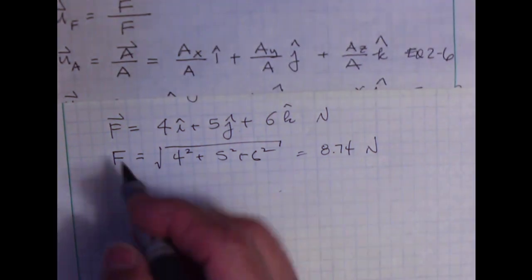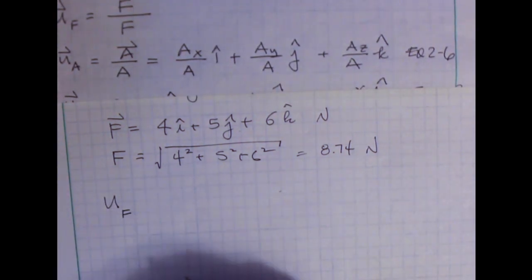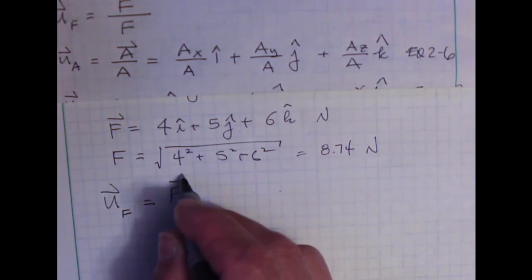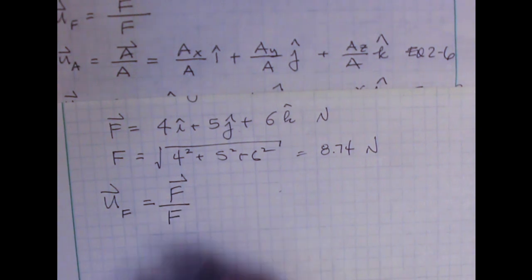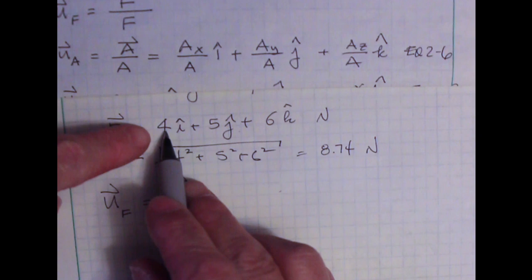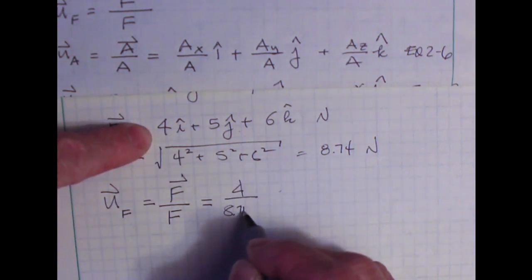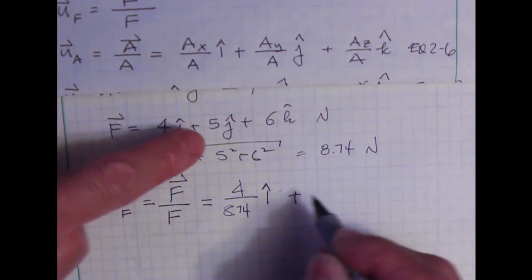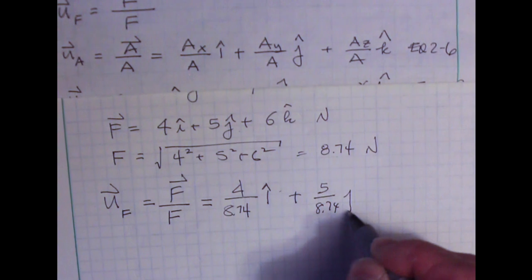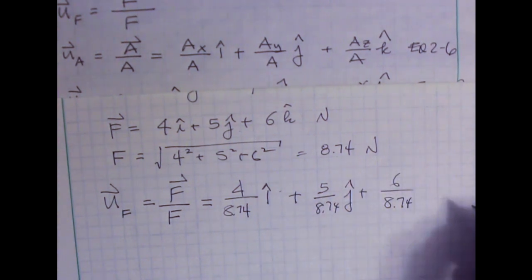The unit vector along force F is given by force F divided by the magnitude, and that would be 4 divided by 8.74 i plus 5 divided by 8.74 j plus 6 divided by 8.74 k.